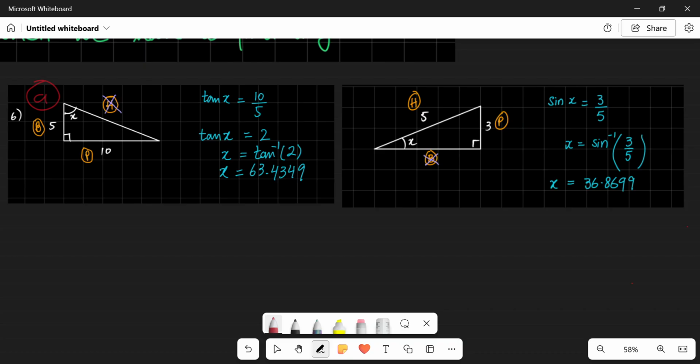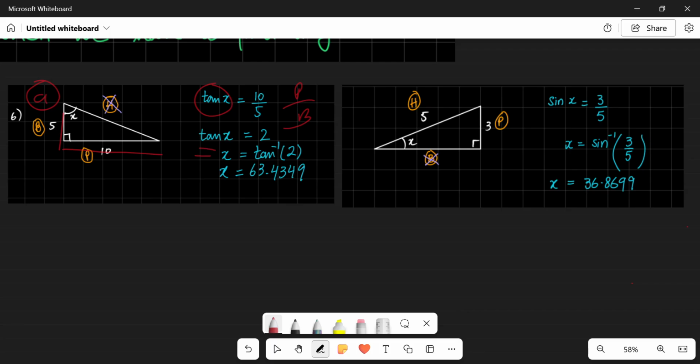The first one is the perpendicular and the second is the base. The perpendicular and the base are included in which theta? In tangent theta. So tangent x, we need to find the angle here.